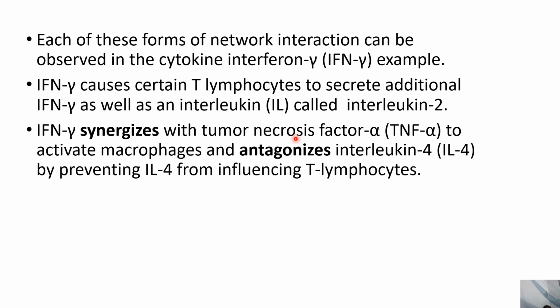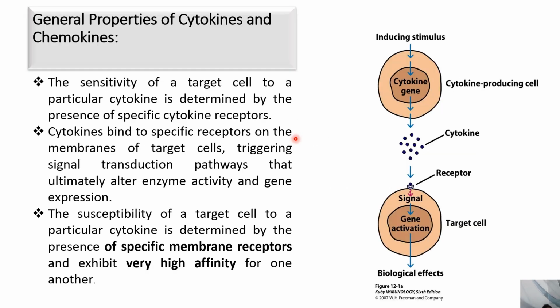Each of these forms a network of interaction, which can be observed in the cytokine interferon example. Like interferon gamma causes certain T lymphocytes to secrete additional interferon gamma as well as interleukin 2, and it synergizes with tumor necrosis factor alpha to activate macrophages and antagonizes interleukin 4 by preventing IL-4 from influencing T lymphocytes.